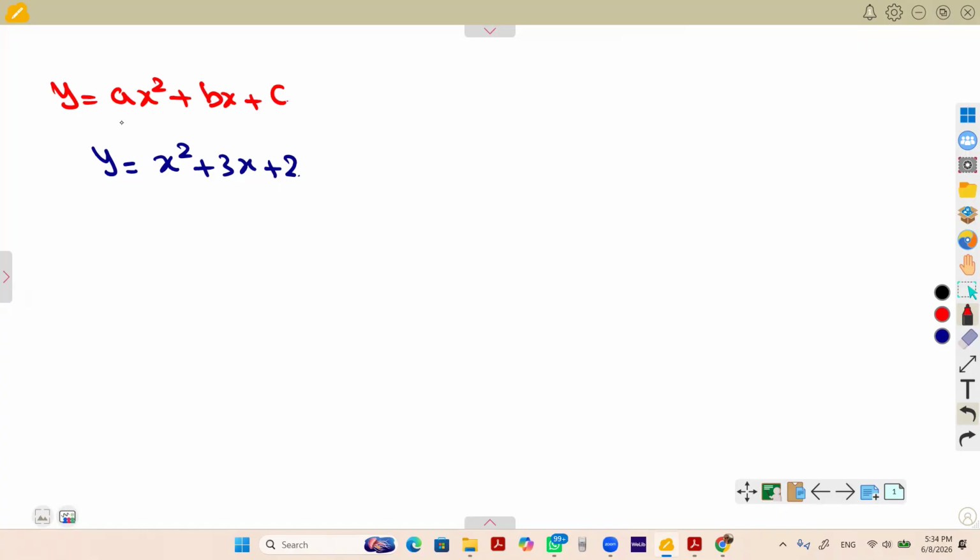When we represent it, we represent it by a parabola, graphically by this curve. How can we know that it's upward? Because the coefficient of x squared, which is a, is a positive number, okay? How can we know the vertex? The vertex here, Rashid, is an ordered pair x and y. If you know the value of x, you can know the value of y. How can we get x? It's negative b over 2a.